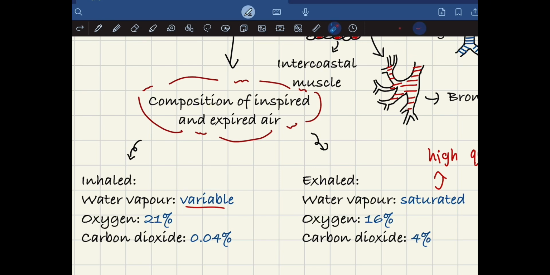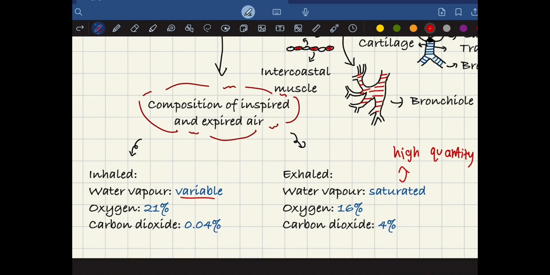And next thing to look into is carbon dioxide. In inhaled air, we have 0.04%, and in exhaled air, we have 4%, which obviously is higher. This gives us the conclusion that when we're inhaling, we're inhaling less carbon dioxide and we're exhaling more carbon dioxide.